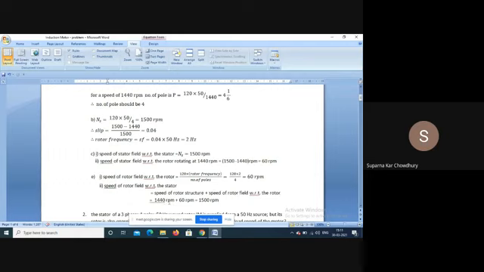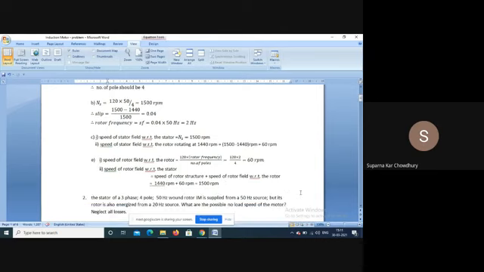So this will be 1440 plus 60, so it is 1500 RPM. We know that any rotor quantity is reflected on the stator side at supply frequency. So the actual frequency of the rotor circuit is different.